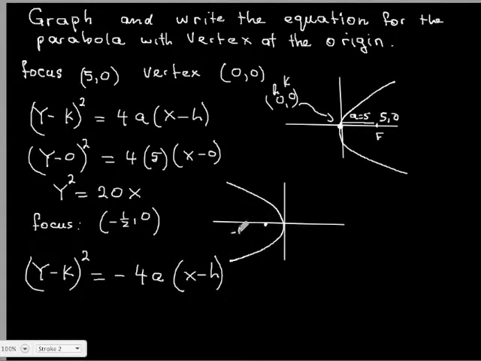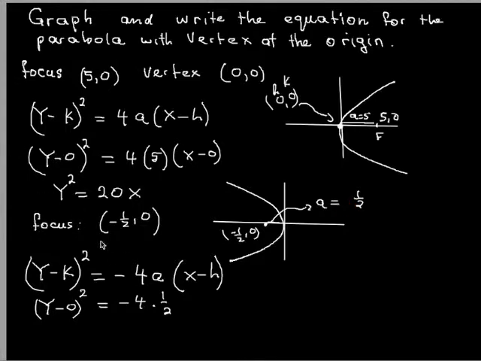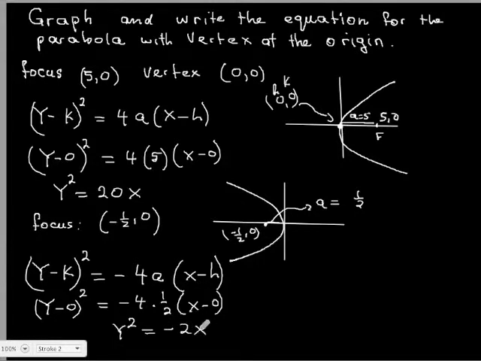And this point is negative 1/2, 0, so you know that a is a positive half. So you can plug in y minus 0 squared is equal to negative 4 times 1/2 times x minus 0. Simplifying this, you will get y squared is equal to negative 2x.